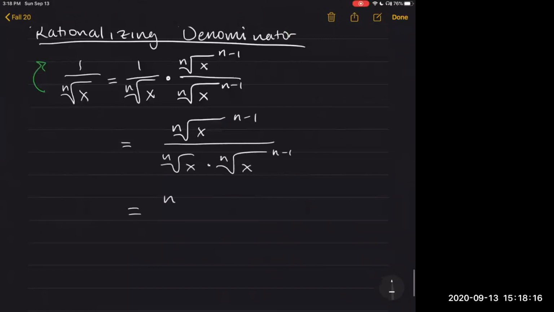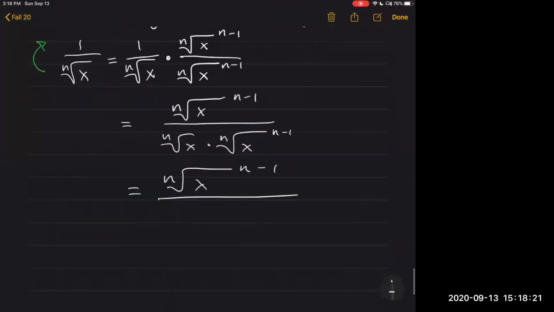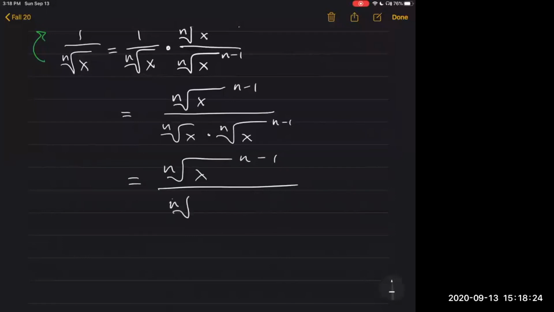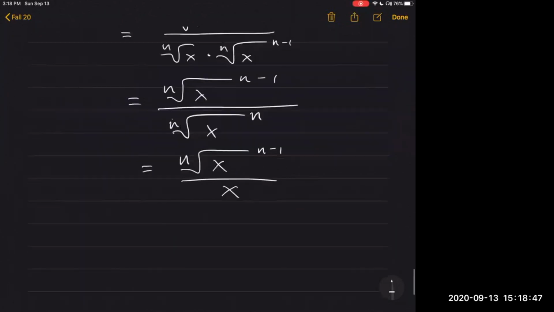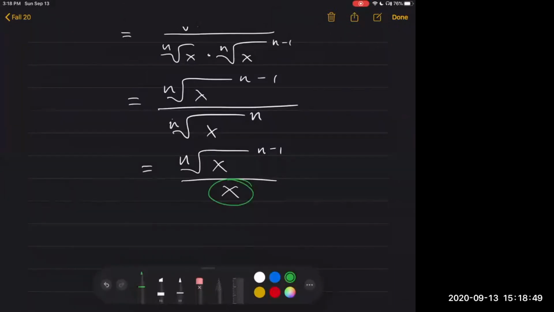This becomes the nth root of x to the n minus 1 all over the nth root of x to the n. And then this becomes, depending on whether n is even or odd, let's say, sorry, let's say it's odd, we'll just get this over x, which is perfect. That's exactly what we wanted. Good. Because now we don't have a root in the bottom.